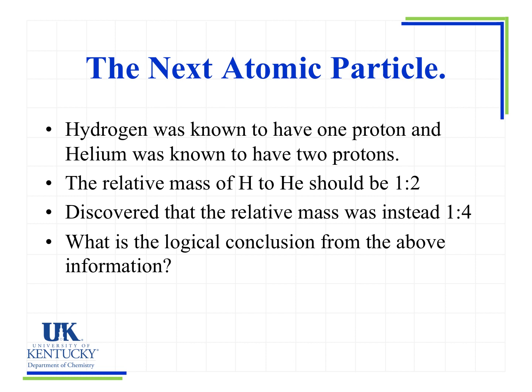So Thomson figured out about the electron, and with the silicon oil drop we find the mass and the charge of the electron. Rutherford discovered the proton and its charge. So what is the next atomic particle? If you think about hydrogen, at that time it was known that it has one proton, and helium was also known to have two protons.